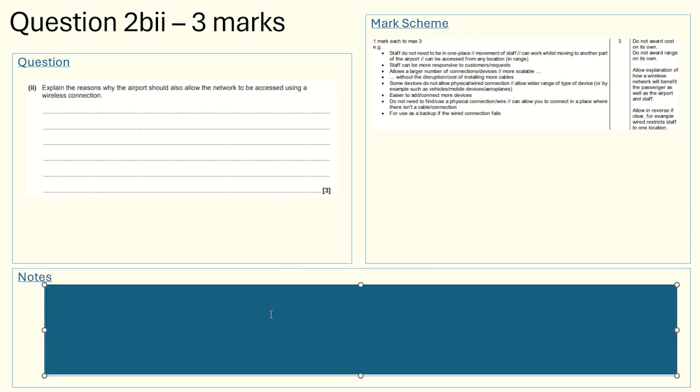So we could say the airport should also get a wireless connection because, and then we can pick some of the reasons up in the mark scheme, it's a lot easier to add new devices. All you need to do is hop on your phone, go to your wireless settings, select the network, and then you're connected.